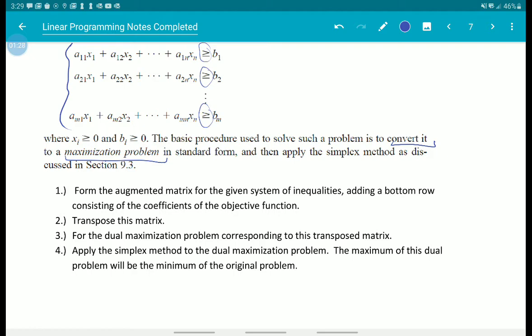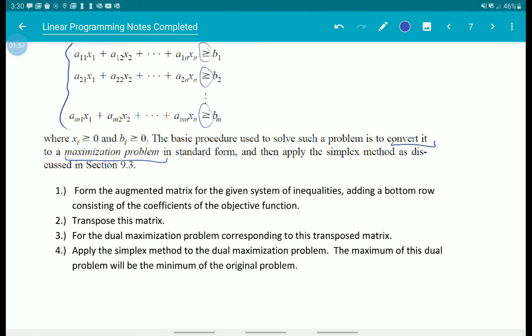Well, we're going to form an augmented matrix for the system of inequalities, and we're going to add a bottom row consisting of the coefficients of the objective function, and then we're going to transpose that. When we transpose that, that creates what's called a dual maximization problem that corresponds to that matrix. And then we're going to apply the simplex method to that dual problem, and that's going to give us the solution to the original problem.